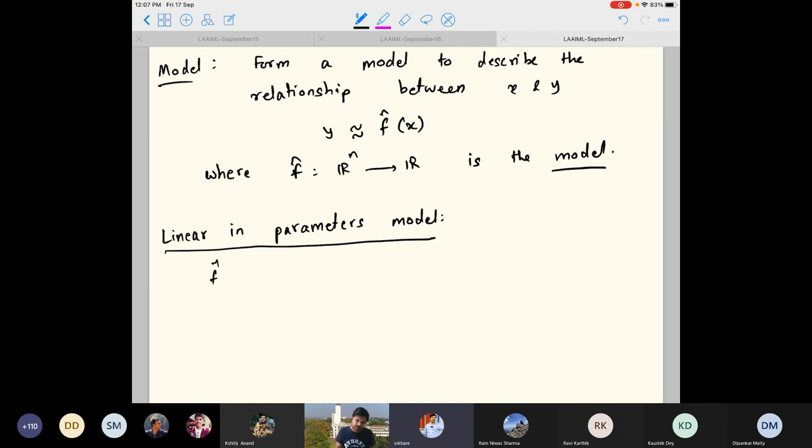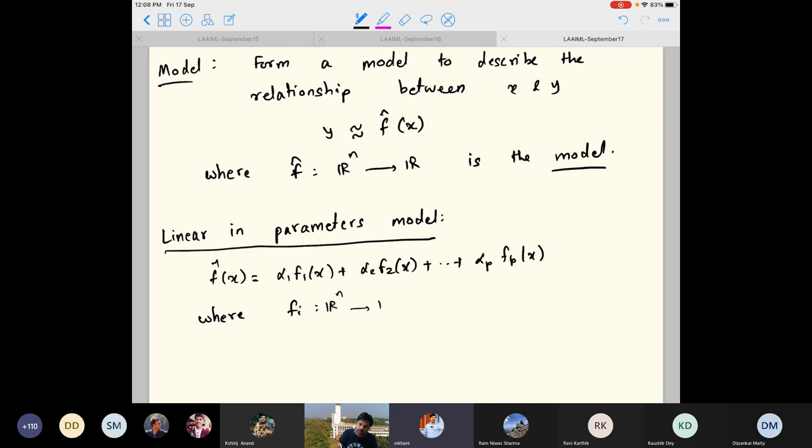So f hat x I will express as alpha 1 f1x plus alpha 2 f2x and so forth, up to alpha p fpx, where fi from Rn to R are basis functions.